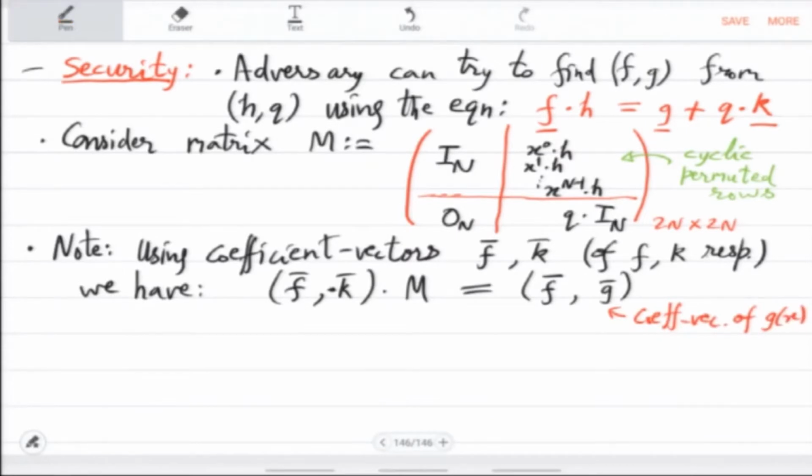The point being that row combinations using integers of M give you f and g. So f and g, in other words, is in the lattice.